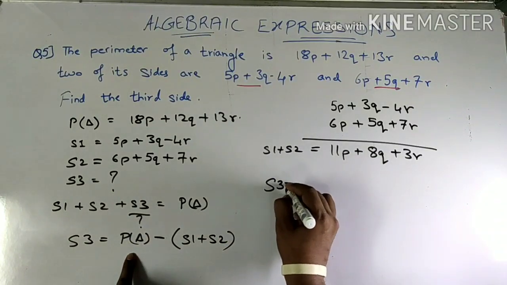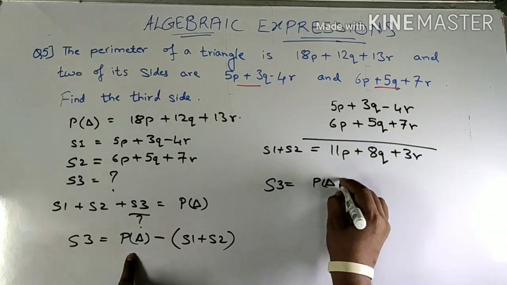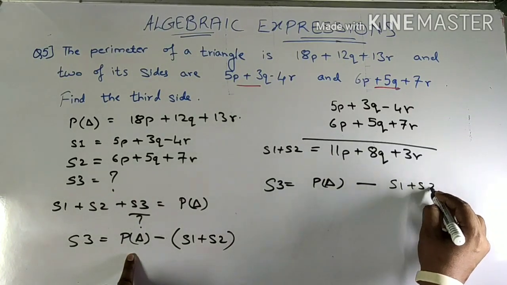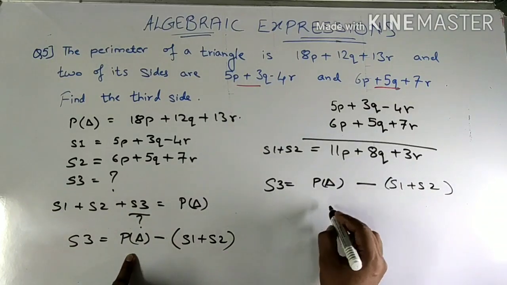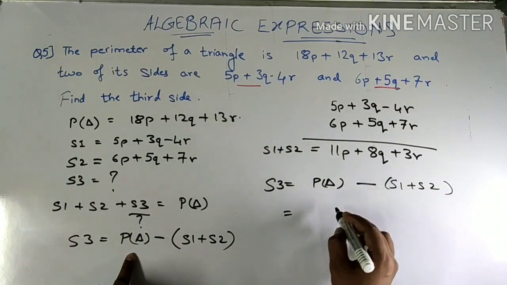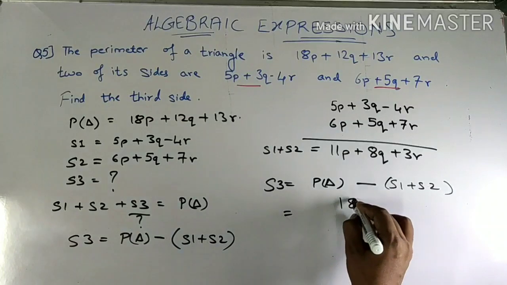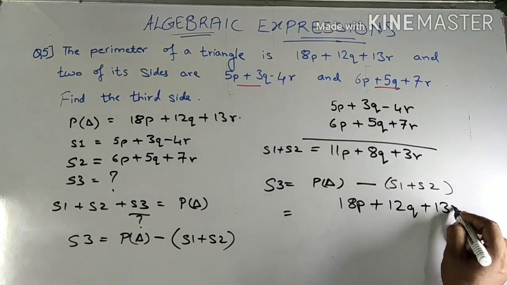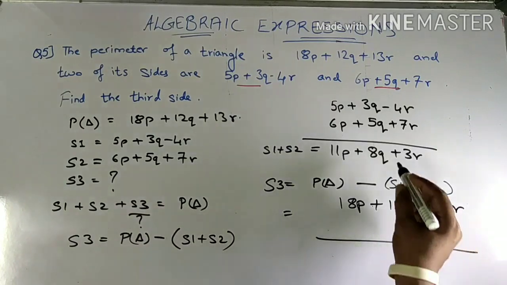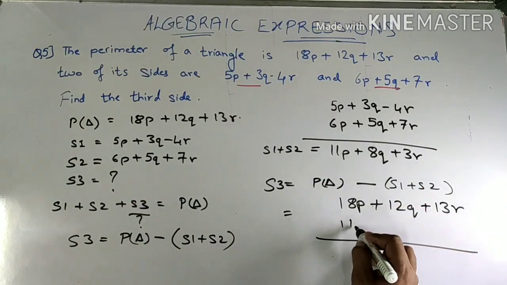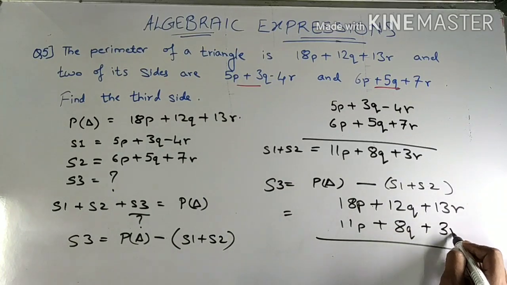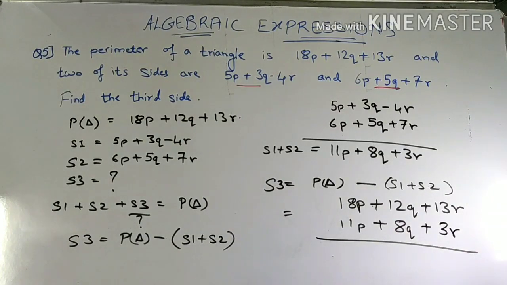So side 3 is equal to perimeter of triangle minus sum of the first two sides. What is perimeter? Perimeter is 18p plus 12q plus 13r. What is the sum of the two sides? 11p plus 8q plus 3r.